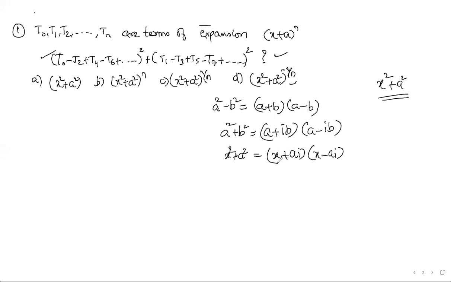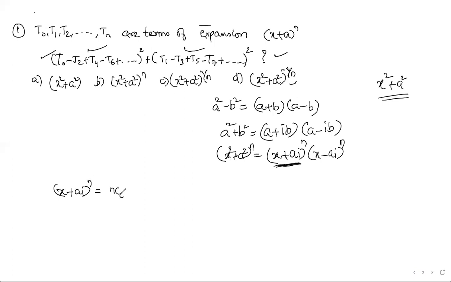So first we'll write the expansions for (x + ai)^n and (x - ai)^n, and we'll see if we are getting something like this. Let's start with the expansion of (x + ai)^n.